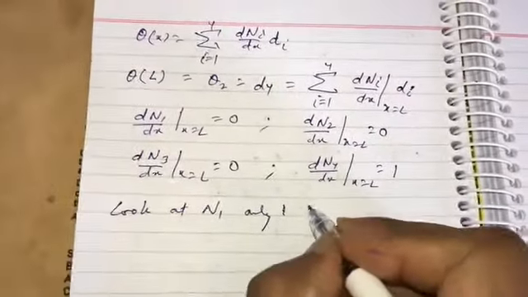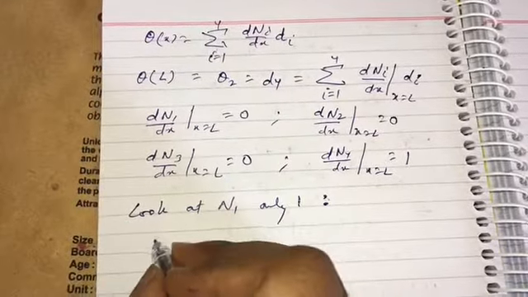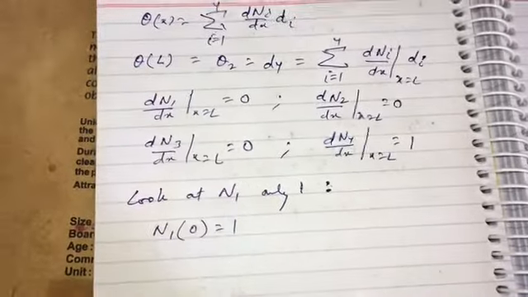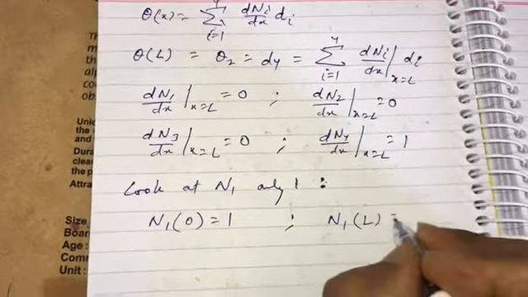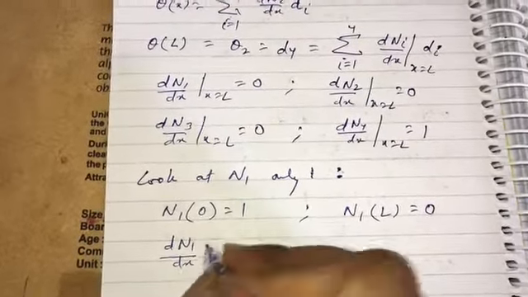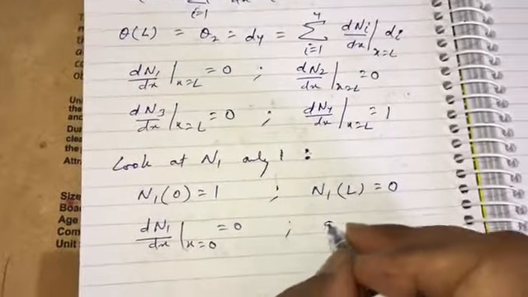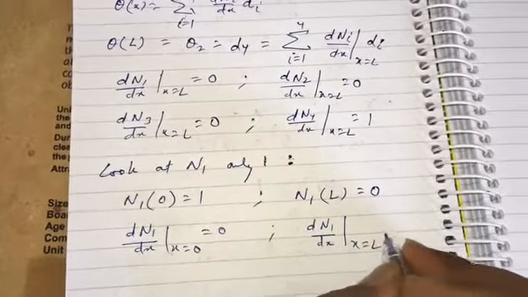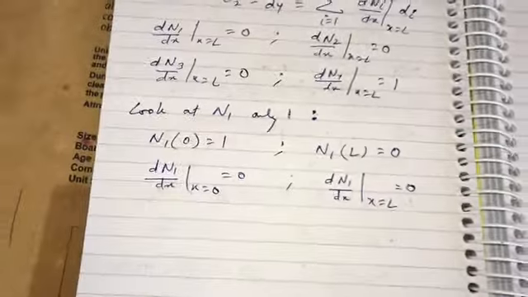So let's summarize it here. The requirement for N1 is N1 at 0 has to be equal to 1, N1 at L is 0, dN1 over dx calculated at x equal to 0 is also 0, and dN1 over dx calculated at x equal to L is also equal to 0.